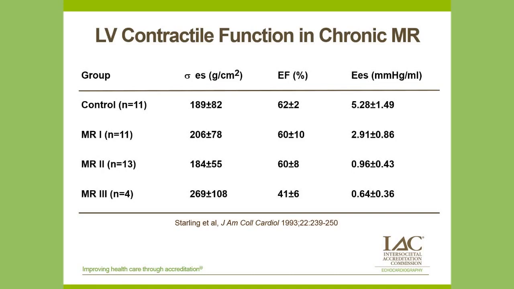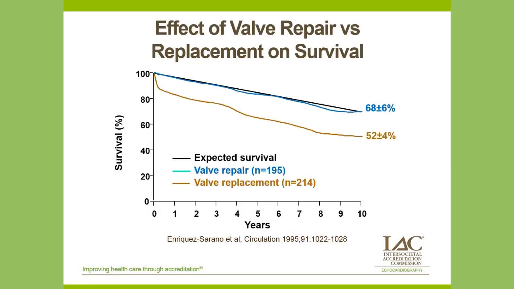In MR, it's 2.9 if your EF is normal, and then as it begins to fall, the EF doesn't fall. So remember, we've known this again for years. EF is very tricky in mitral regurgitation because mitral regurgitation augments the EF, and the EF can fool you. You can have an EF of 60 and still have significant myocardial dysfunction, and we'll get to that here on the next series of slides.